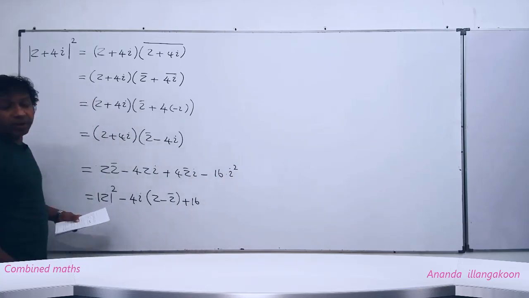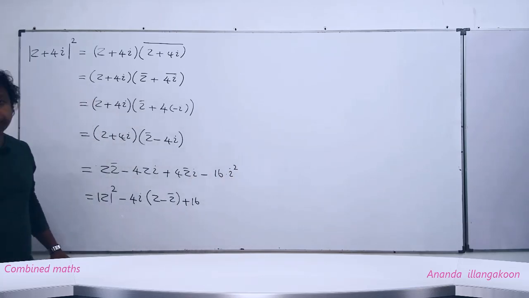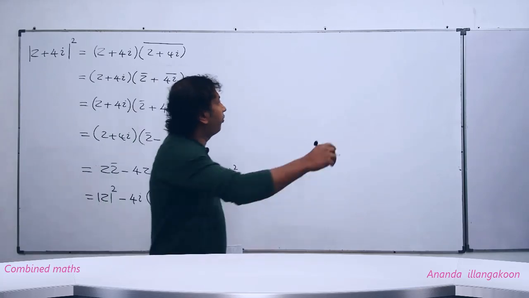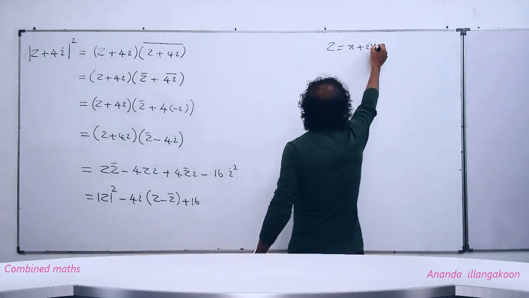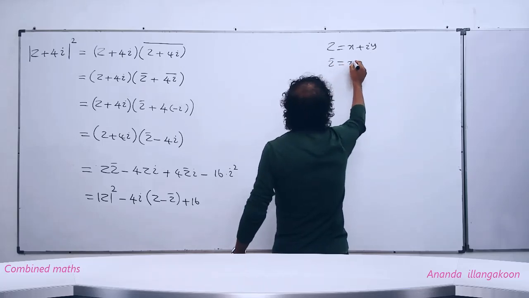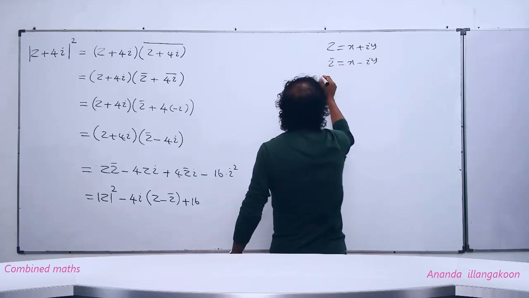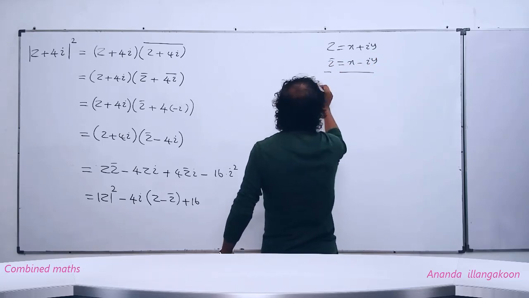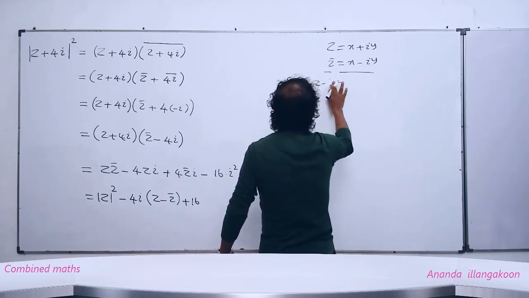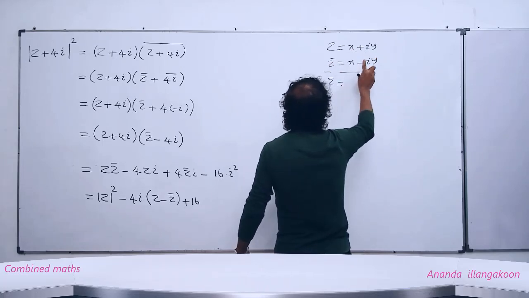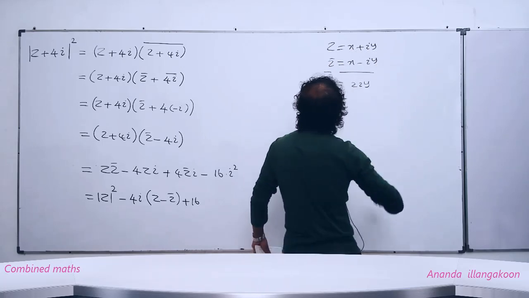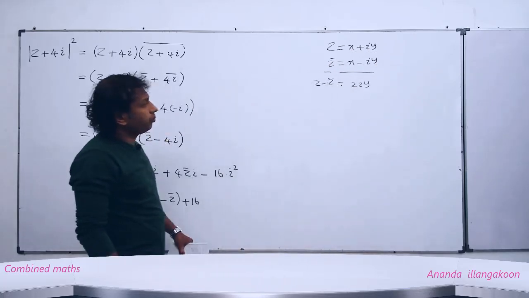People, what is Z minus Z bar? We proved that if Z is X plus IY, Z bar is going to be X minus IY, then Z minus Z bar is what? This and this will cancel off, and here we get 2IY.